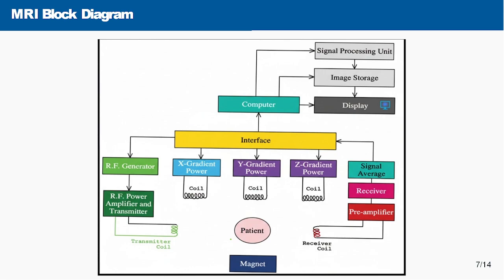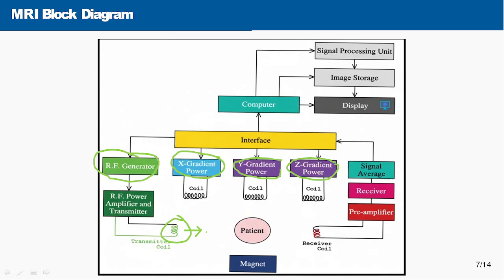This is the MRI block diagram where you can see the patient lying inside a permanent magnet for alignment. Then to create a gradient in the magnetic field in different directions, like in x direction, y direction and z direction, we have electromagnets like x gradient power, y gradient power and z gradient power. And we have an RF generator, radio frequency generator, and that signal has to be passed through the radio frequency power amplifier and transmitted through the transmitter coil, just like an antenna.